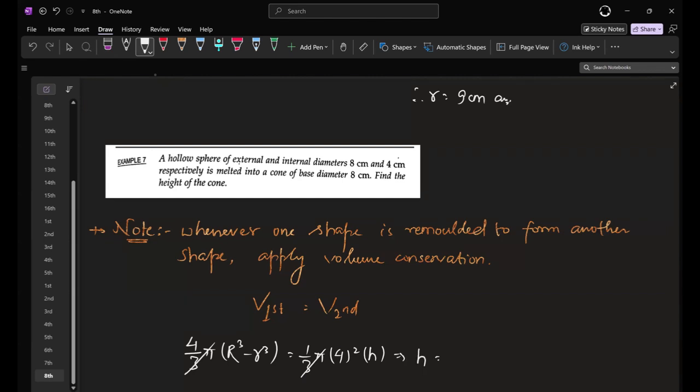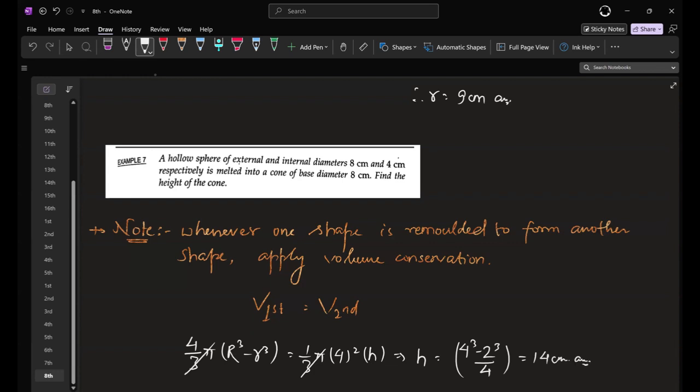So 4 cube minus 2 cube upon 4 would come out as 64 minus 8, which gives 56 upon 4, 14. Yeah, 14 centimeters.